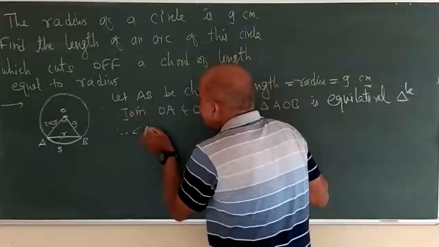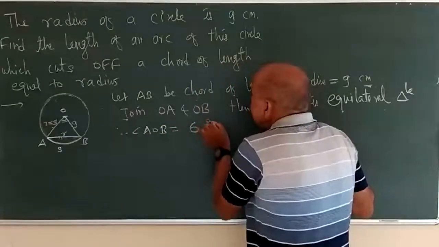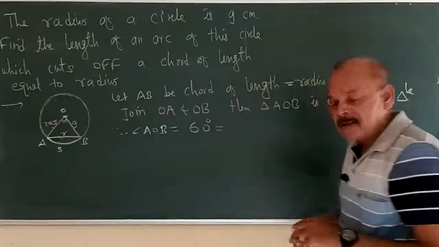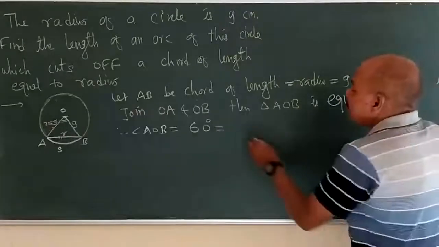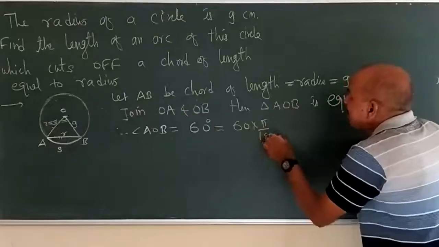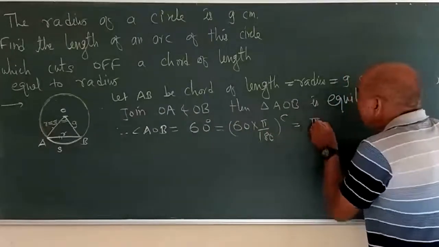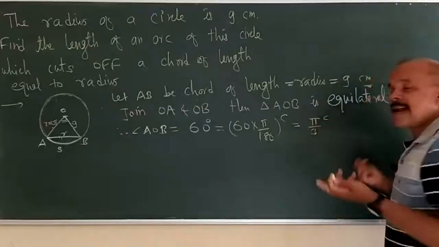And if it is an equilateral triangle, then each angle is of measure 60 degree, so angle AOB equals 60 degree, which means how many radian? 60 into pi upon 180 radian means pi upon 3 radian.